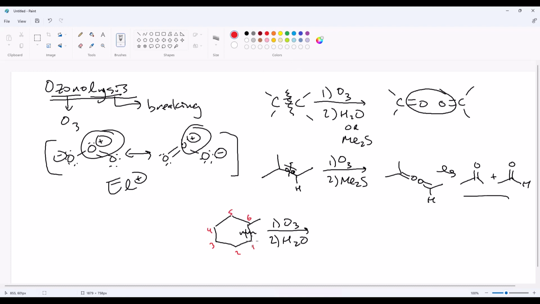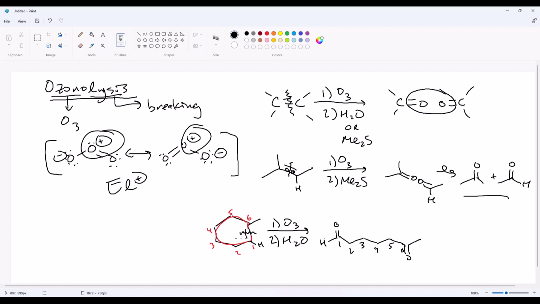So they're going to be connected around the back, and there's going to be a carbonyl at carbon 1 and a carbonyl at carbon 6. All right, so what we see, if we start at carbon 1, and the other substituent here is an H, so we have an H, we have a carbonyl, that's carbon 1, 2, 3, 4, 5, 6. We have another carbonyl, and then we have that methyl group that's hanging off the end.